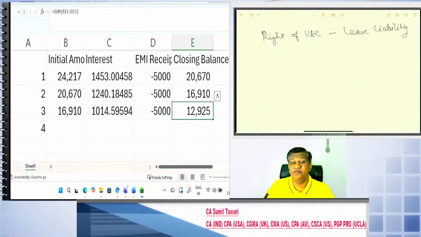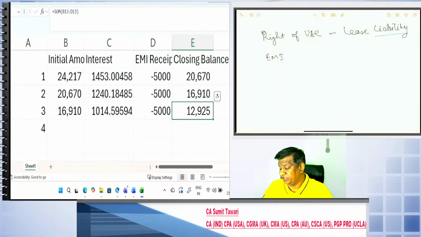Subsequently, whatever the lease expenses, including the liability, that we need to reduce, and the cash, the lease liability and accumulated amortization of the ROU asset, again the corresponding effect, whatever may be the EMI which we are paying.